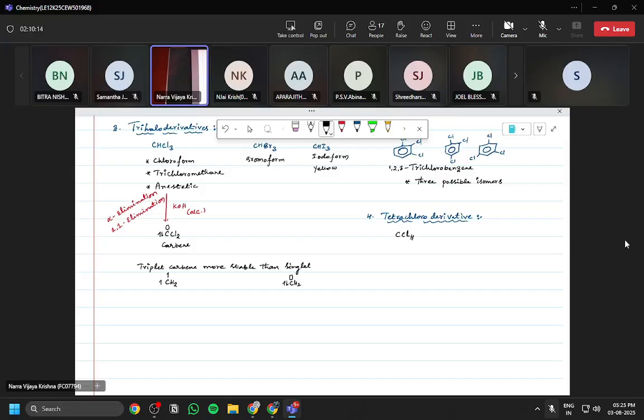Is it clear? So CCl4. Very good solvent. Right? Carbon tetrachloride. Or can I call it tetrachloromethane? IUPAC name. Very good organic solvent.